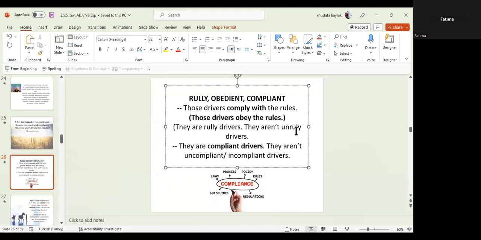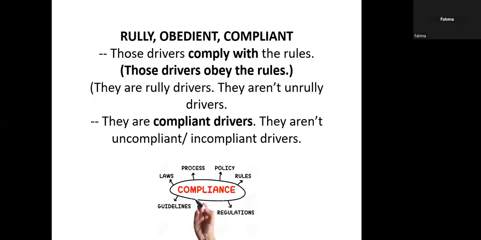Let me put one L. If it is wrong, I will correct it later at the end of the video. Is it clear? Compliant is adjective, ruly is adjective, obedient is adjective. They are compliant drivers. They comply with. We always use it with. They always comply with the rules.